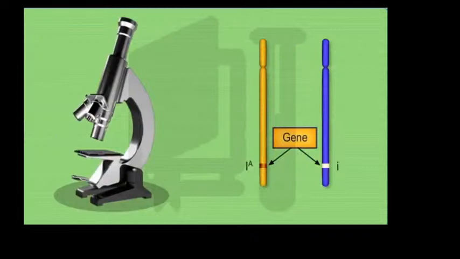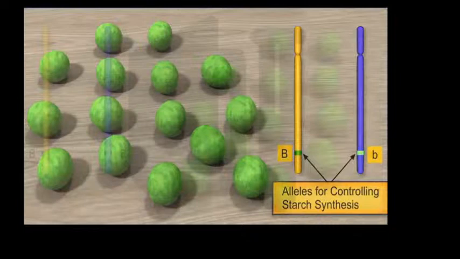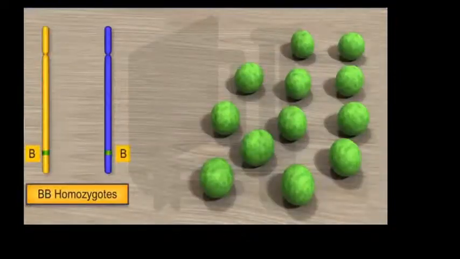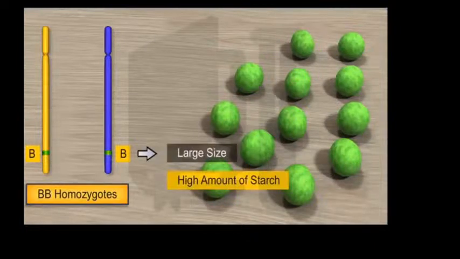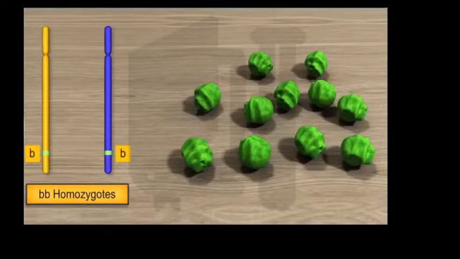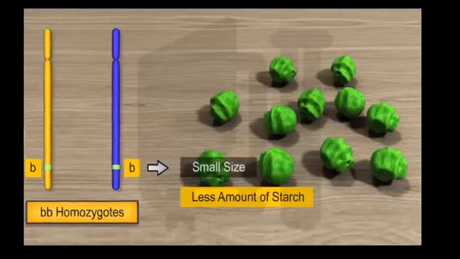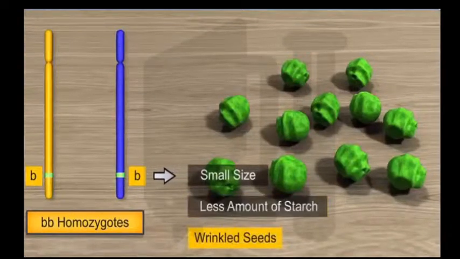Effective starch synthesis was seen in capital B homozygotes, and the seeds produced were large or had a large amount of starch in them. Moreover, the pea seeds were round. On the other hand, small b homozygotes did not synthesize starch effectively, and so the pea seeds produced were small or had less starch in them. Also, the seeds were wrinkled.